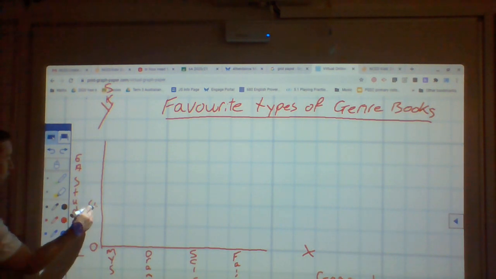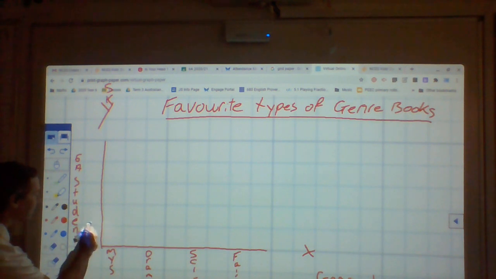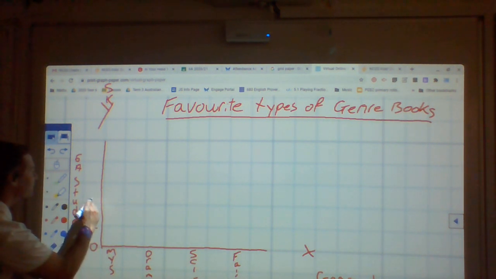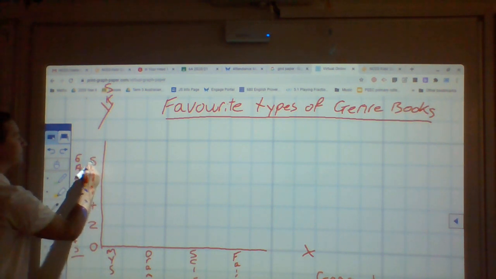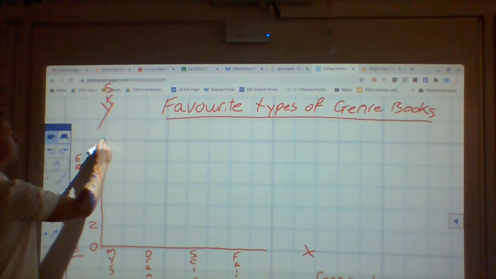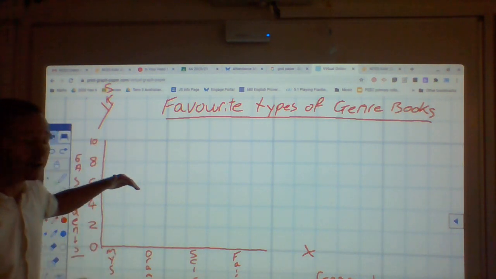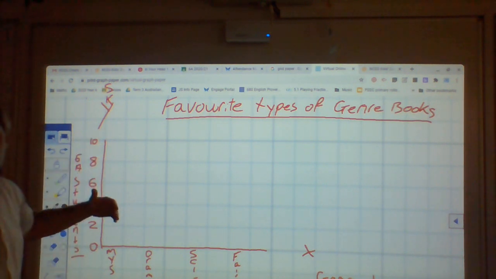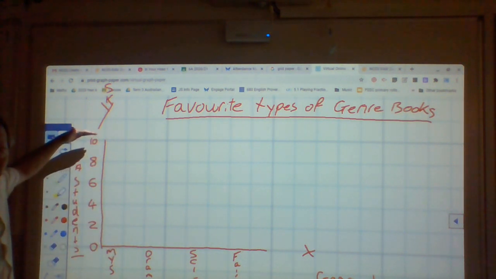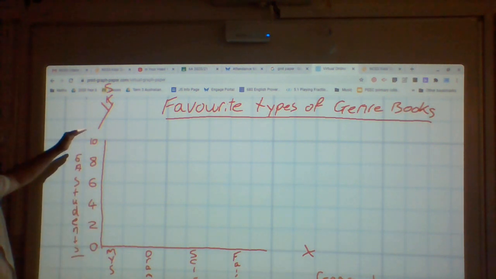We'll go with multiples of 2, because that's even. 2, 4, 6, 8, maybe I go up to 10. If the highest number in your class was 7, you can still go up to 10, but it should be evenly scaled going up.